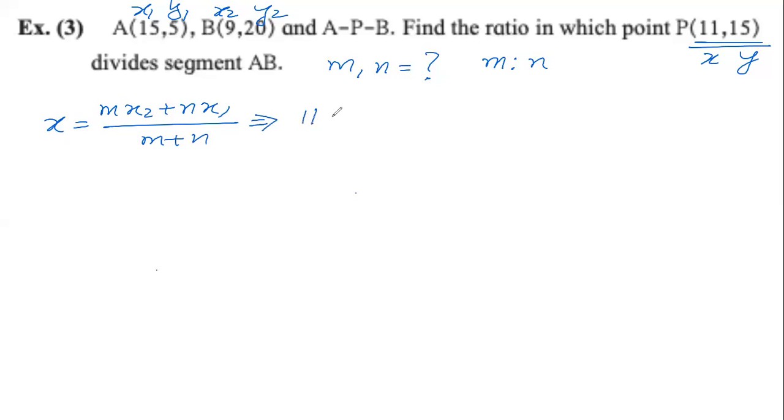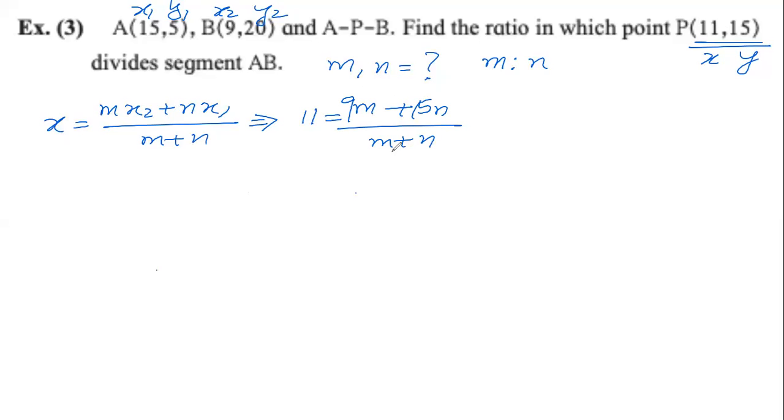So we can write 11 equals to m, x2 is 9. So 9m we can write. Then n we don't know, x1 is 15. So 15n by m plus n.